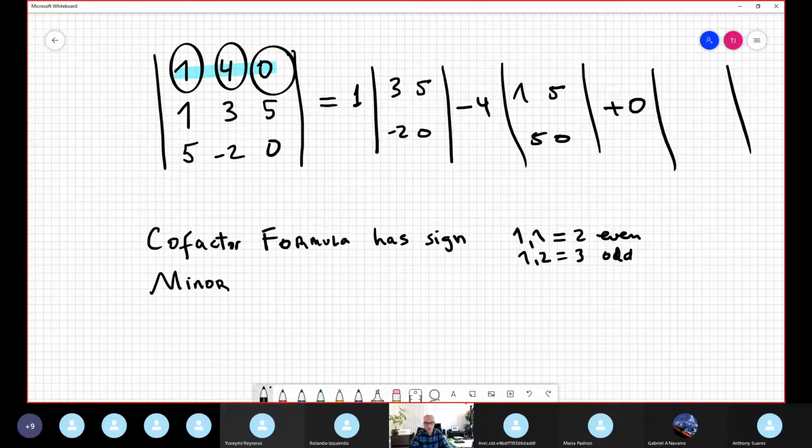Multiplication by something, I don't care, because if it is 0, it's obvious. If you delete this row and this column, you stay with 1, 3, 5, negative 2. But it is obvious that it is not necessary to do this. It is 1, 3, 5, negative 2.